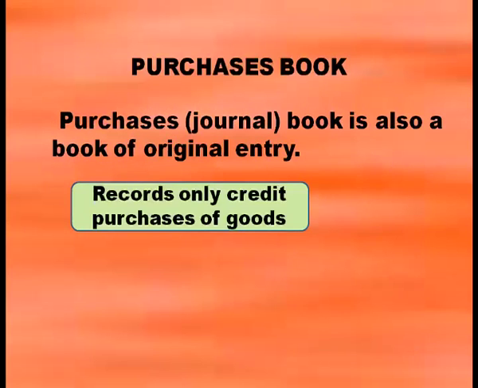Coming to the first type of special purpose book, that is the purchases book. Purchases book is a book of original entry. In this book, we will record only credit purchases of goods.